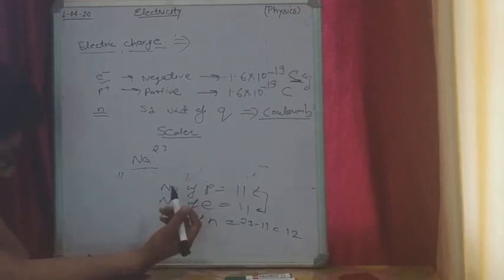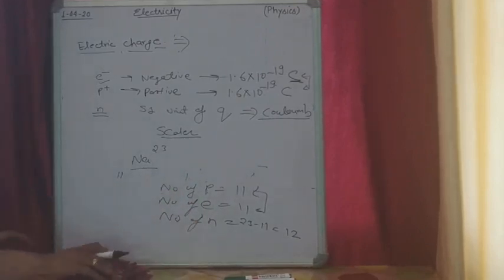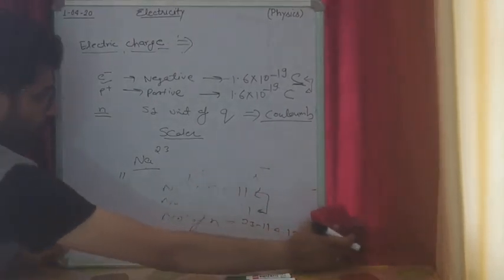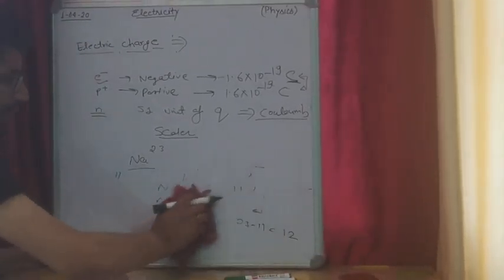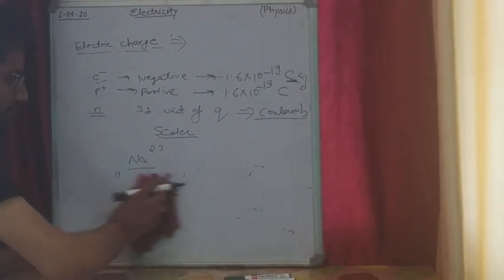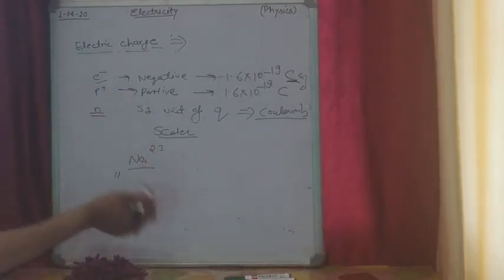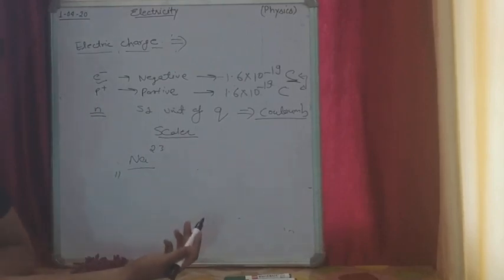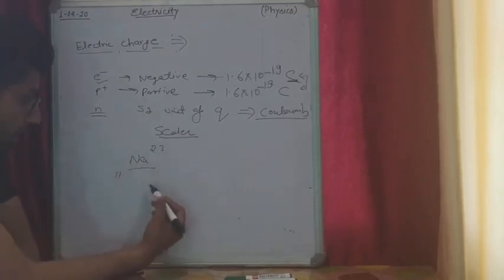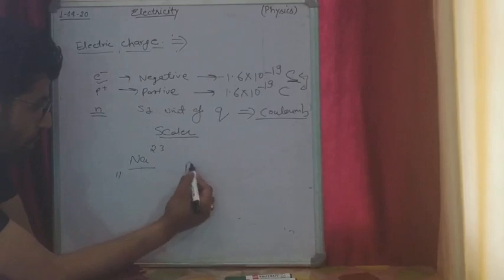If we do one thing in this: if we increase electron number, then what will happen? Suppose proton number is 11, electron number is 11.